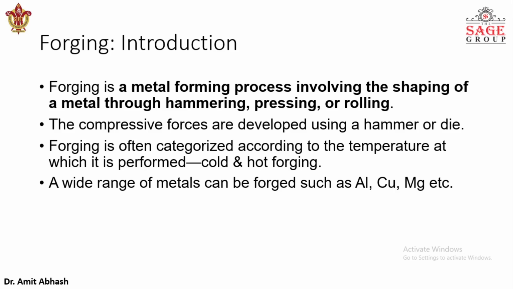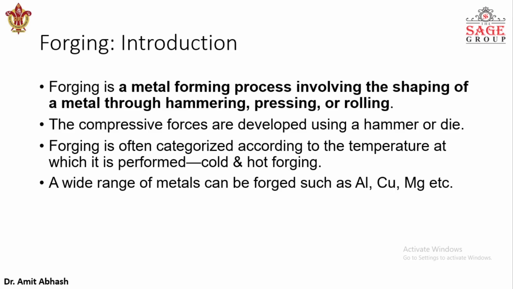It can be forged, but we need to go for hot forging, so that increasing the temperature will increase the ductility of that metal, and then at that temperature we will forge it, and then cooling will be done according to the desired property that you need to achieve.